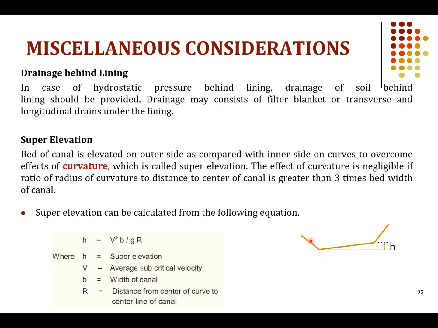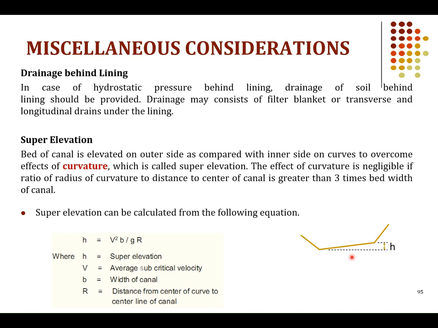Lining means if we make the sides and the beds of concrete or brick or some other material, then behind the lining we must provide some drainage, because even if we provide lining, there will be some seepage of the water. The water will cross the lining and go behind the side slope or below the bottom, and that can create hydrostatic pressure.